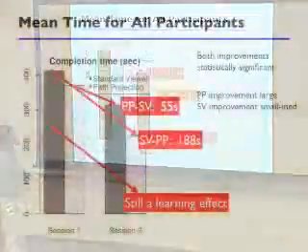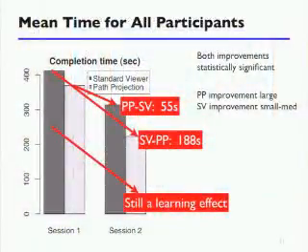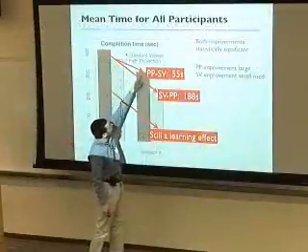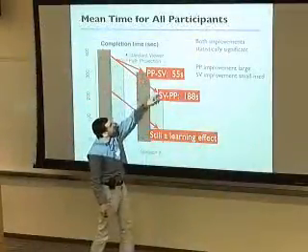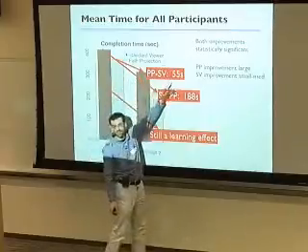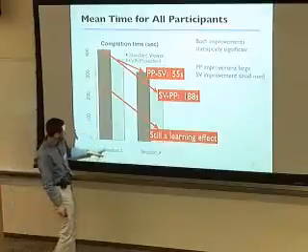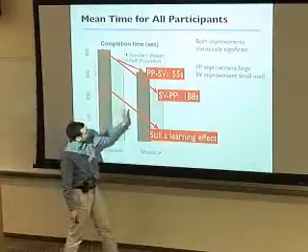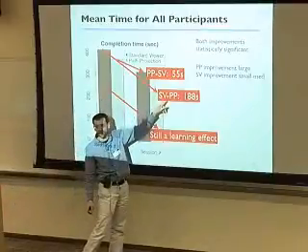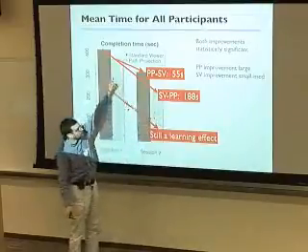So if you kept track of that, what happened was the group who used path projection first and the standard viewer second, they improved 55 seconds from session 1 to session 2. So pretty significant learning effect. And from standard viewer to path projection, they improved 188 seconds. And both of these trends were statistically significant.